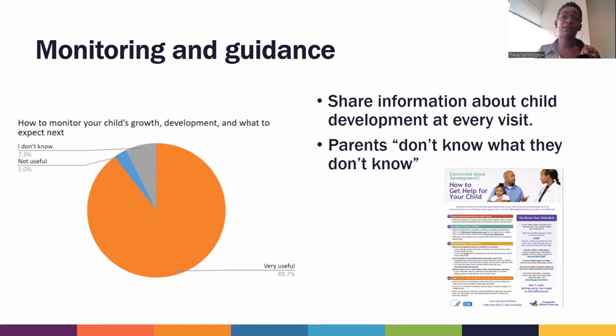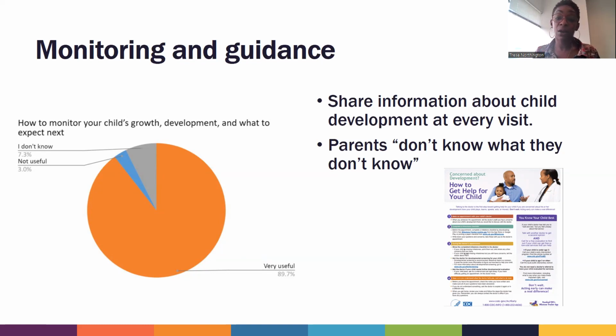Another way we can educate families that came out of that same survey is monitoring and receiving guidance. Families also want to know how to monitor their child's growth, development, and what to expect next. For parents and caregivers, it is important to know how they can help their child. We want them to be able to find the information, get it at the visit, but also we want to share with them the things that they may not know.